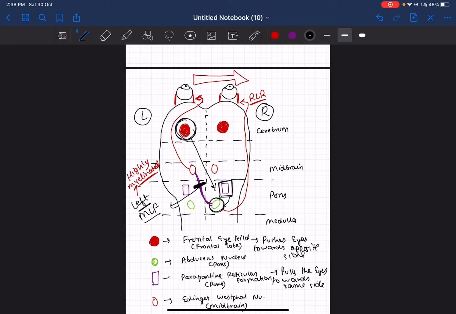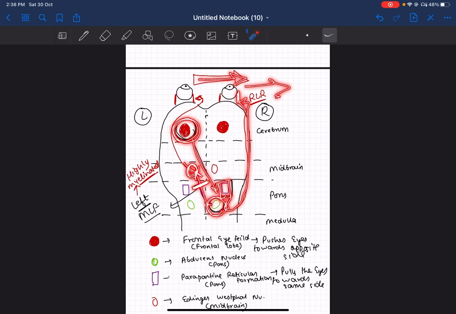So let us look at the entire pathway. First, the patient is attempting the right-sided gaze. So the left frontal eye field will activate. It will cause activation of the right-sided PPRF. The right-sided PPRF will cause activation of the abducens nucleus. So this right lateral rectus will be stimulated and the right eye will move towards the lateral side. But when the abducens nucleus tries to stimulate the Edinger-Westphal nucleus, there will be a block here because of demyelination.